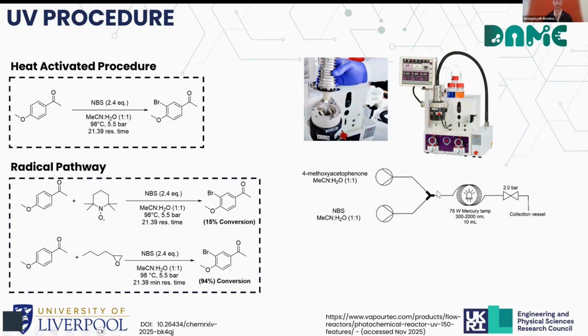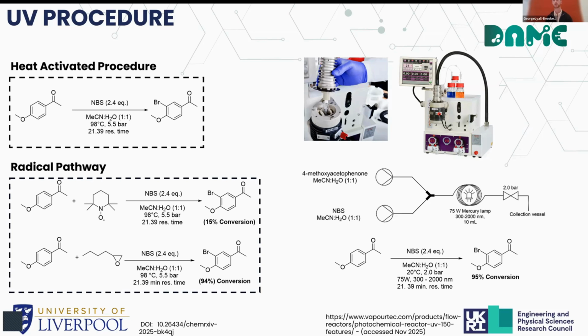So we didn't change our flow schematic, so the same solution compositions, and we used a 10 ml coil for this investigation. So excitingly, it did prove the case that we could activate this reaction with UV, and we obtained a 95% conversion in the same residence time of 21.39 minutes.